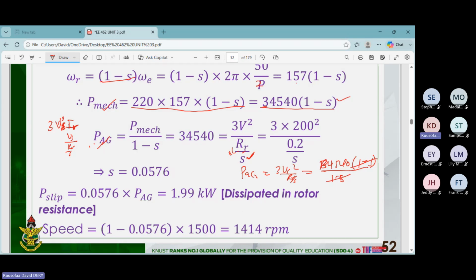Please, is there any question? Maybe if I should take the second part of the example again. Should I take it again?